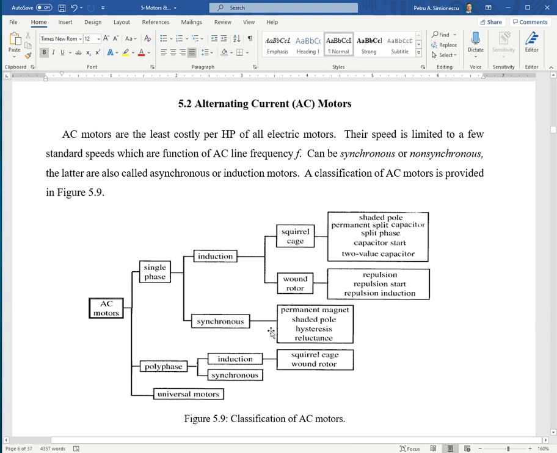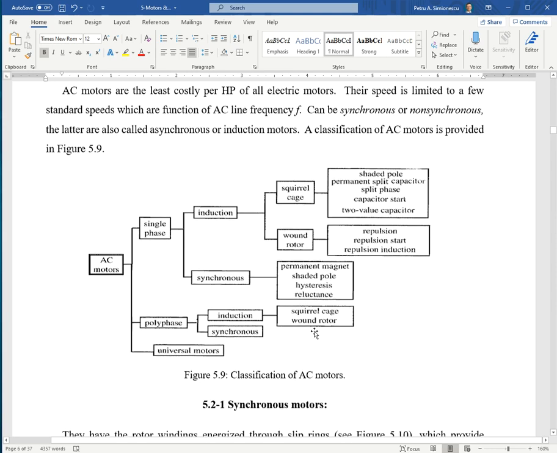Examples of synchronous motors you would see on electrical clocks, like when you go to a swimming pool and there's that big clock you can time yourself with, or in some classrooms on campus. Also, microwaves have synchronous motors used to drive the platter.